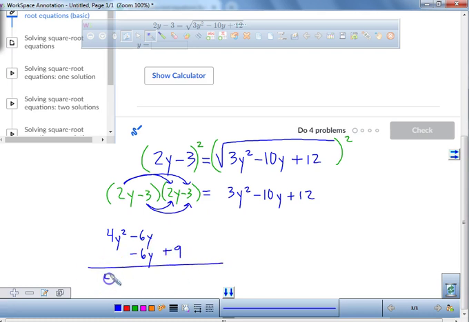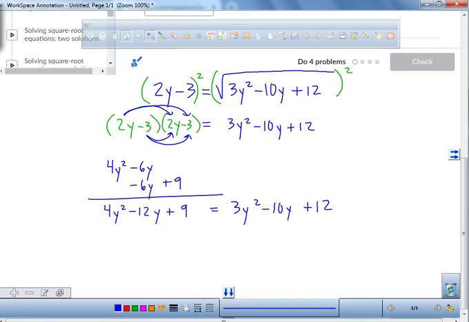When we combine all those, we get 4y squared minus 12y plus 9 equals, we're just dropping this down, 3y squared minus 10y plus 12. All right, now whenever we have a y squared and we have a y squared, now we're dealing with quadratics.